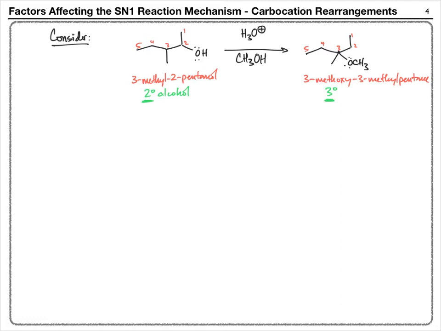So we have an alcohol in acid. What is the first thing we should do in showing a mechanism? So we can say tertiary ether. That's perfectly fine. I think we'll all understand that.